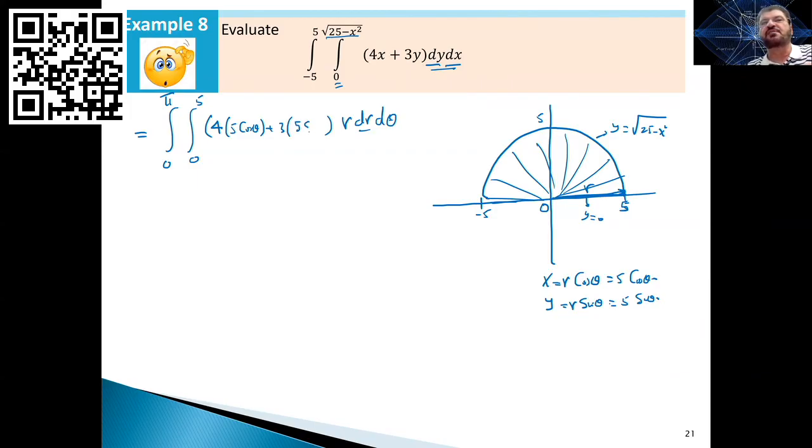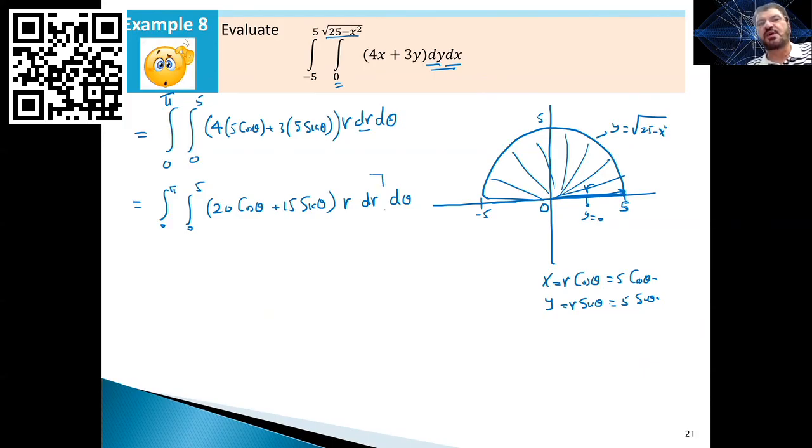And we close. And this is equal to the integration from 0 to pi, integration from 0 to 5 of 20 cosine theta plus 15 sine theta, all r dr d theta.